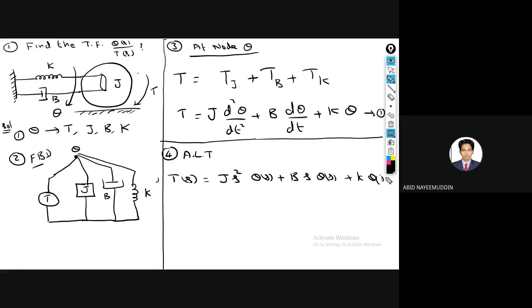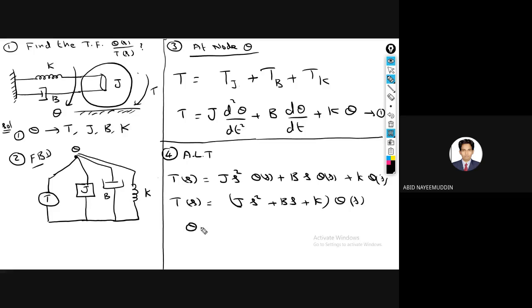What has he asked? The transfer function, the ratio between output and input. So I am taking the common term: T of s is equal to J s square plus B s plus K, into theta of s.